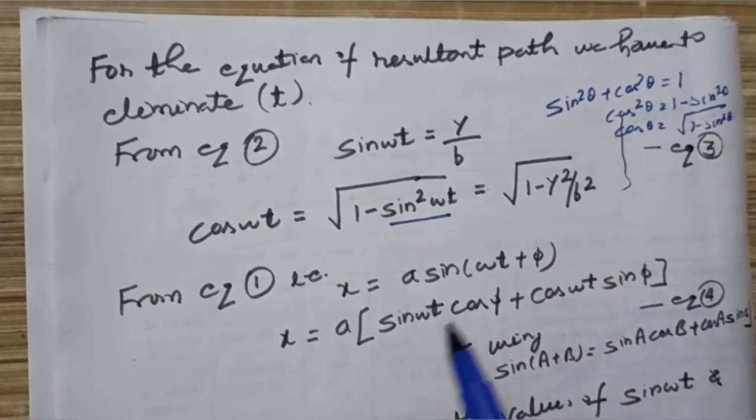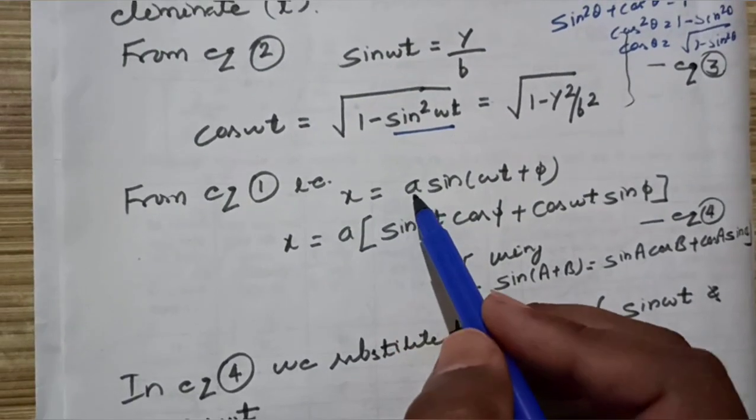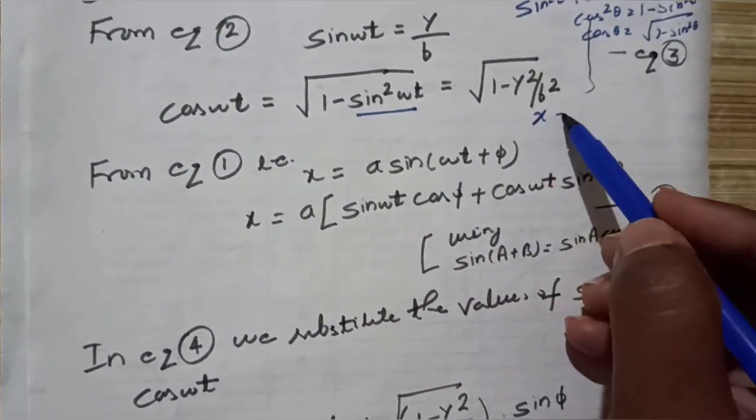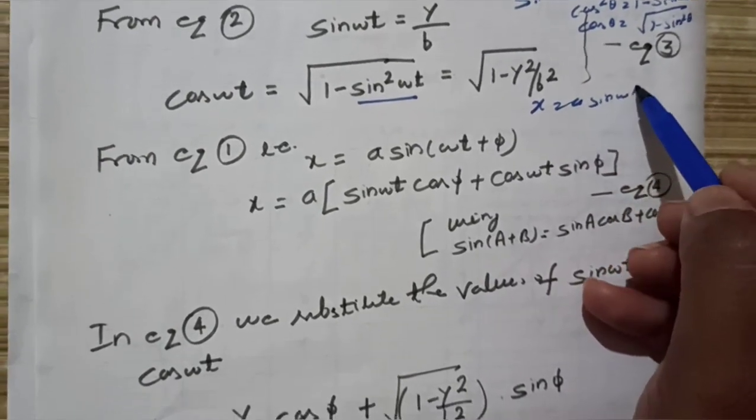From equation 1, we have x equals a sin(omega t plus phi).